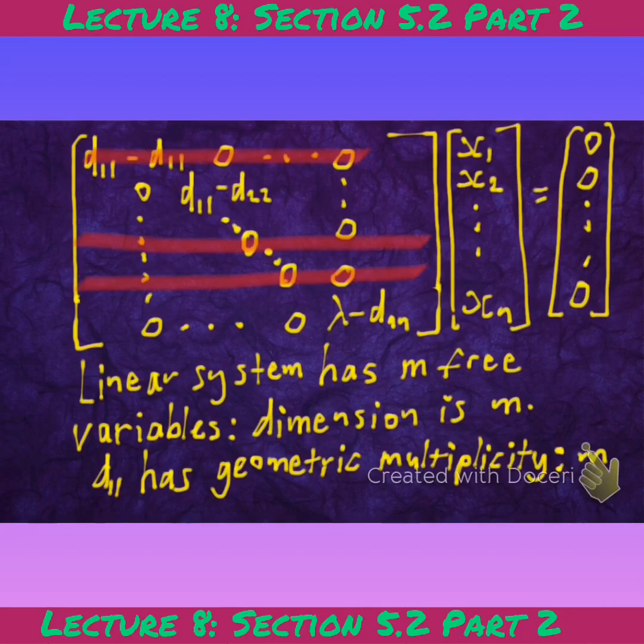Now, because of that invariant property of the similarity transformation, whatever happens in D will also happen in A. So in A, D11 will also have algebraic multiplicity m, and it will also have geometric multiplicity m.